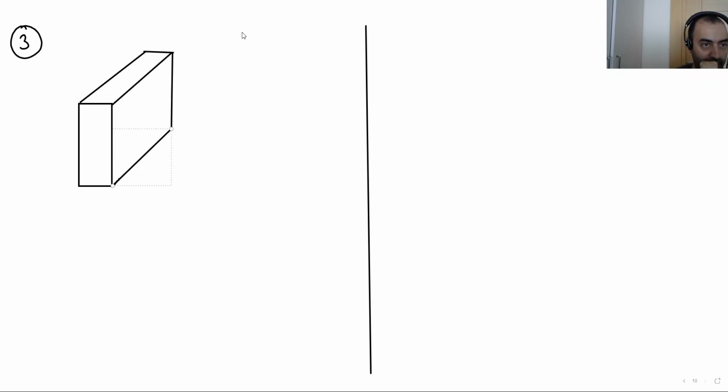Here you're gonna see the corner. This is a wall.